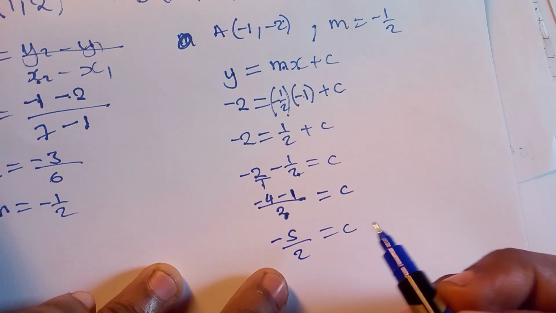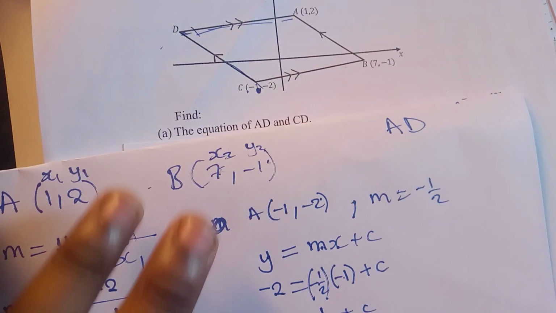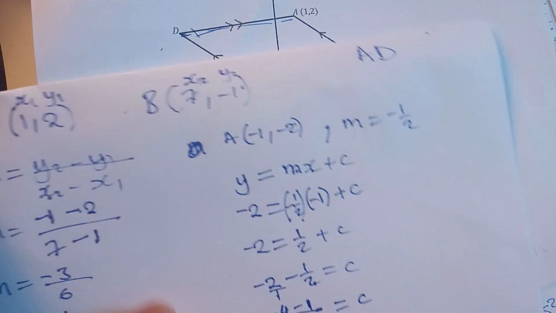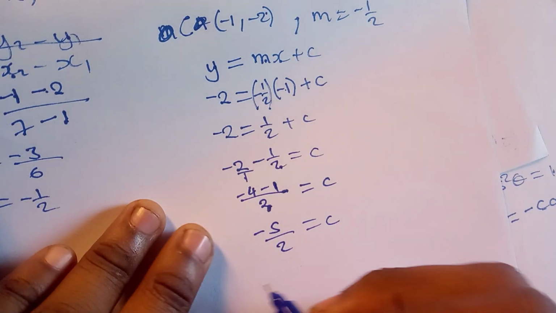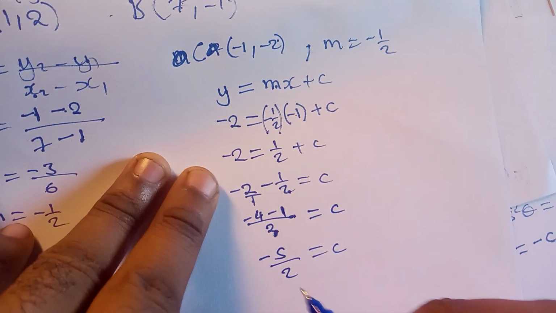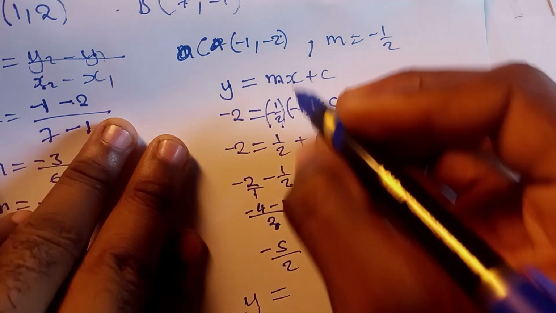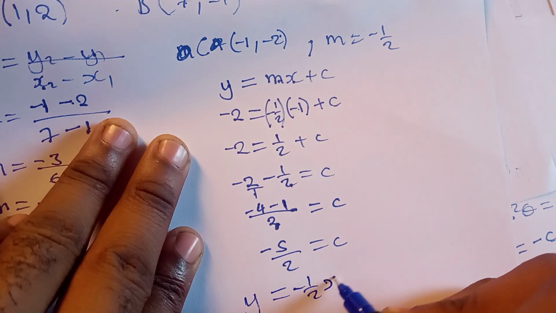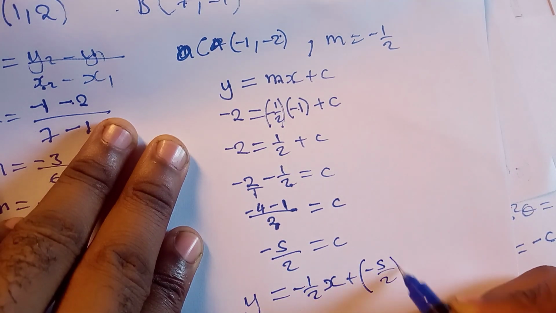So now to find the equation of... is it CD? Actually, these coordinates are for C. So to find the equation of CD, you just substitute the m there with your -1/2, and then the c there with your -5/2.